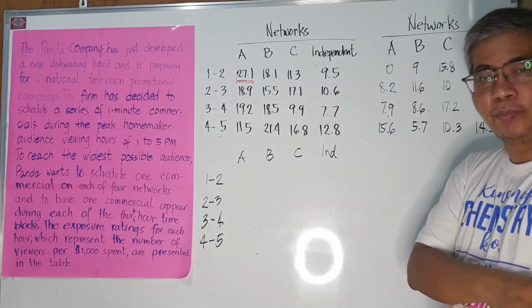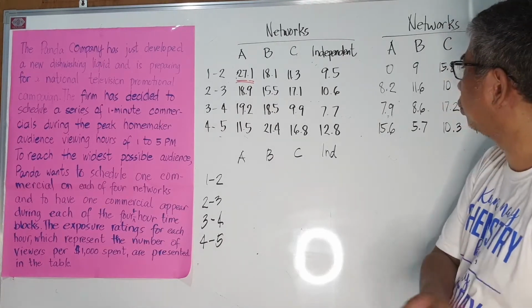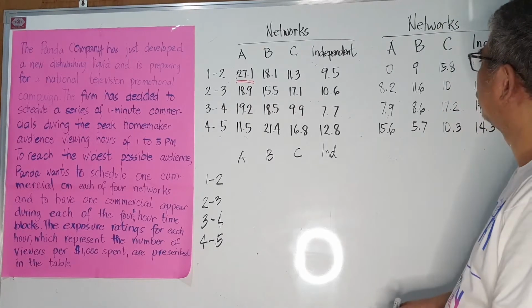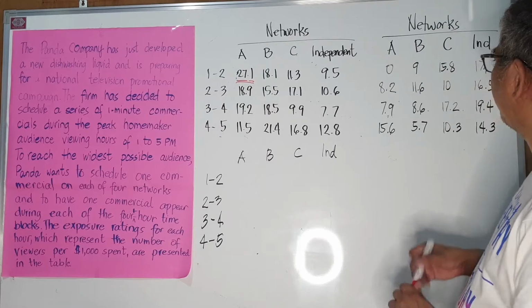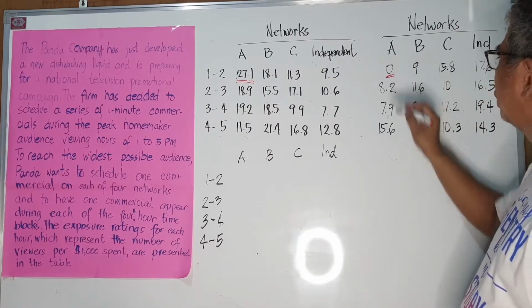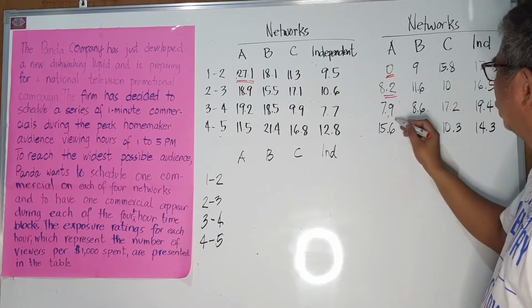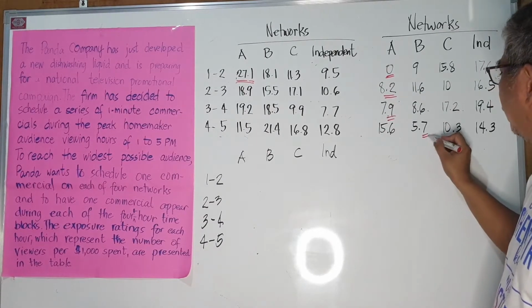Then, from here, we identify the lowest value in each row. Okay? So, the smallest value in each row: 0. What else? 8.2, 7.9, then 5.7.